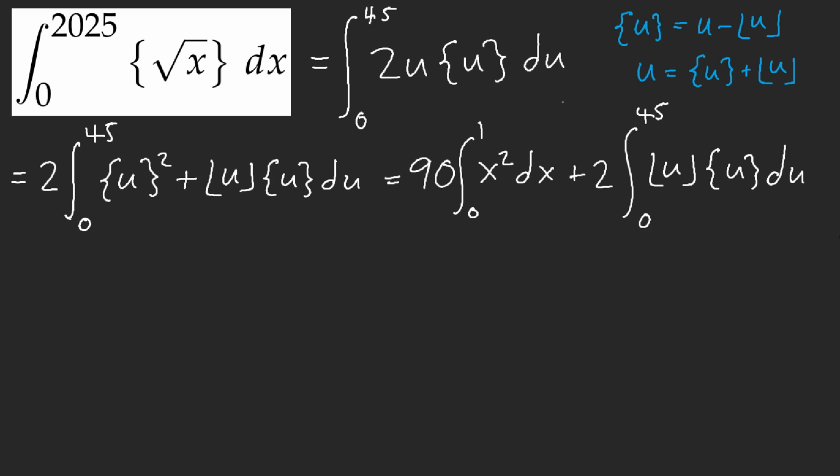Is this integral any better than this integral? Yes, and let me show you why. First of all, I just want to take this out. This is what, 30? Okay, so this is just the power rule, so that's equal to 30.